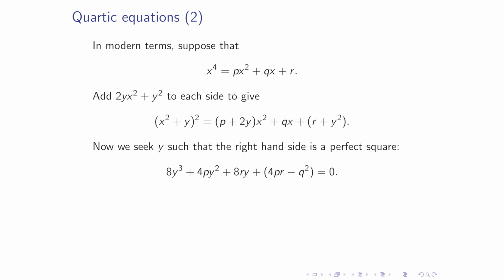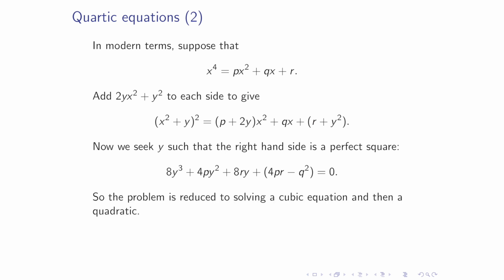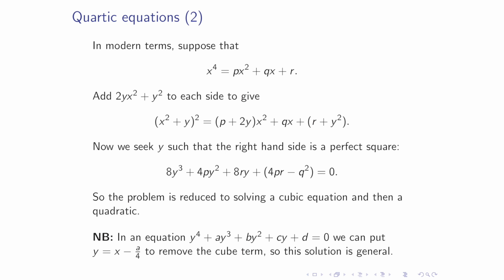And in principle, we know how to do this now. So we can solve the cubic, we can put the right value of y back in at the top, and then work through and solve the quartic. And much the same as before, this is actually more general than it would appear to be, because in any quartic, you can suppress the cube term with an appropriate substitution, which is something that Ferrari and Cardano explore.